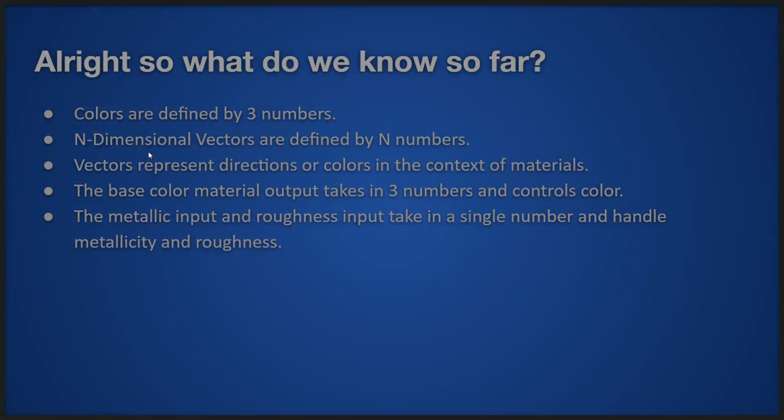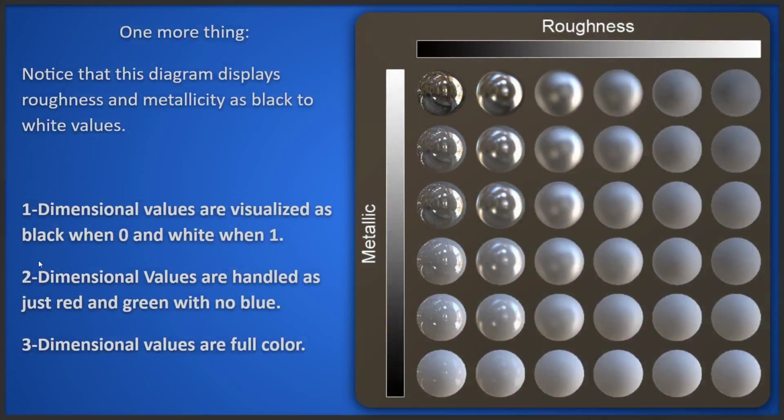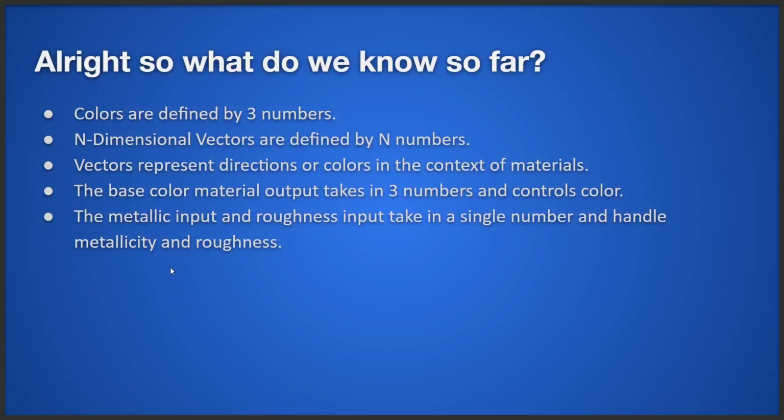Cool. It's a nice little side point here. One-dimensional values are visualized as black and white. Two-dimensional values are typically shown in a normal color way, where x and y are just red and green. So a 2D vector will look like some combination of red and green with no blue. Whereas a one-dimensional vector, you'll see as black and white in engine.